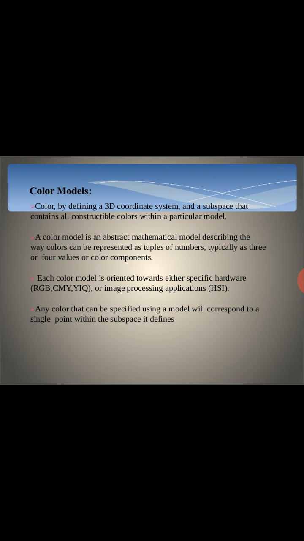Each color model is oriented towards either specific hardware, RGB, CMY, YIQ, etc., or image processing applications, HSI. Any color that can be specified using a model will correspond to a single point within the subspace it defines.